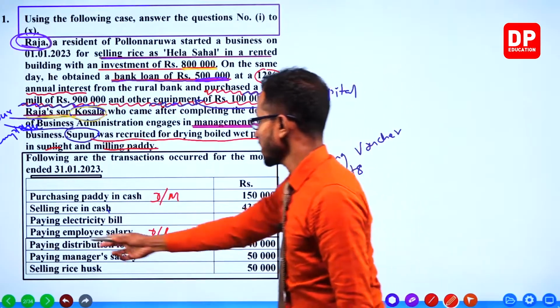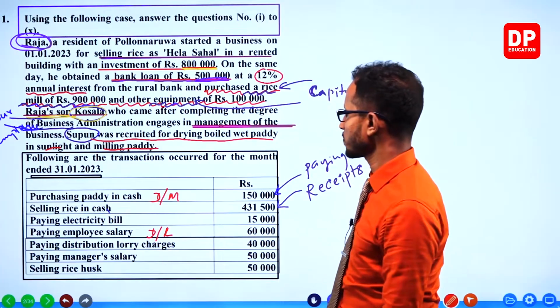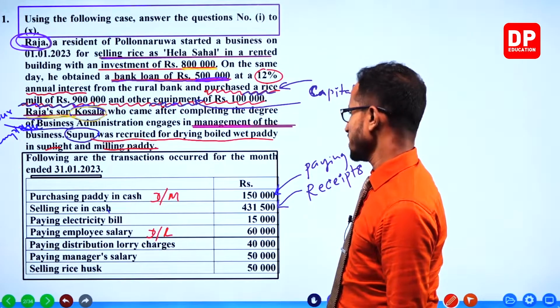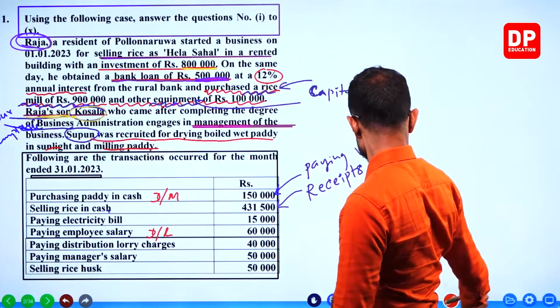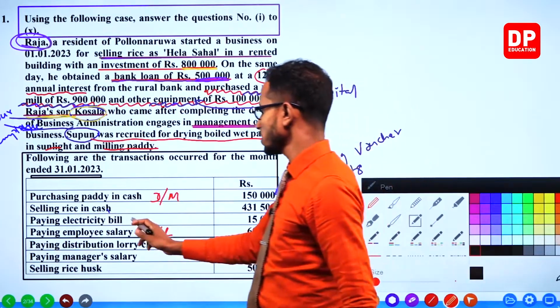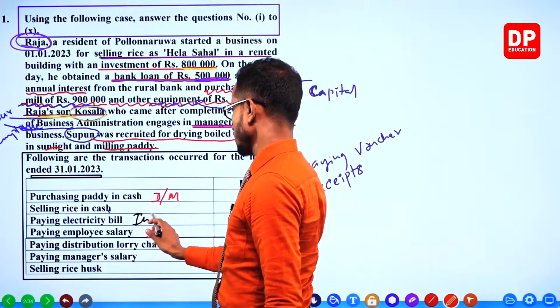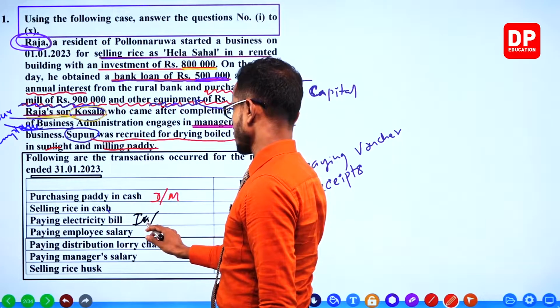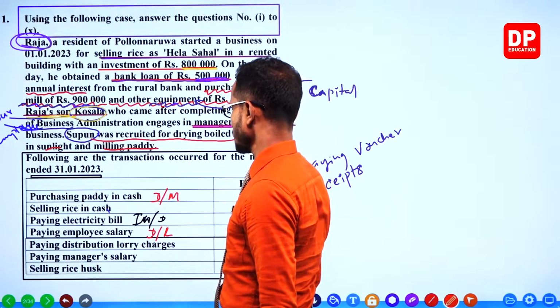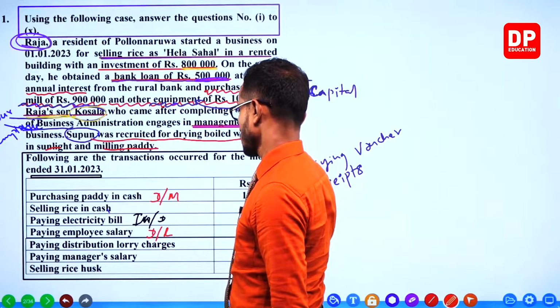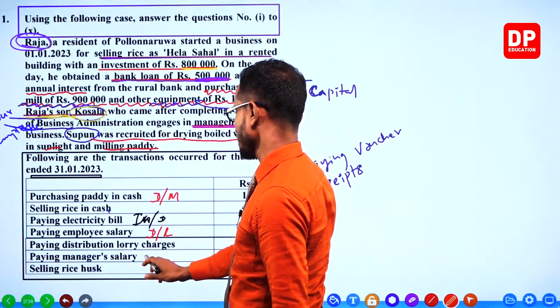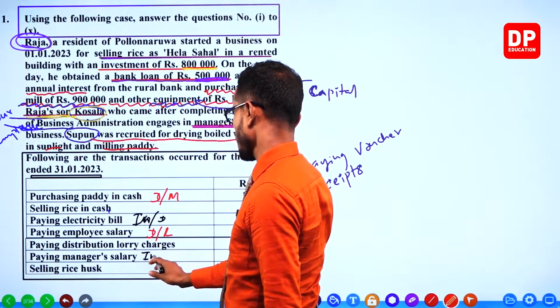Supun's salary. So paying employee salary is direct labor. Indirect: electricity bills. We have so many things. Paying manager's salary, indirect.